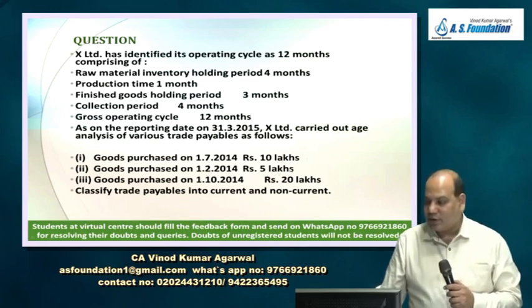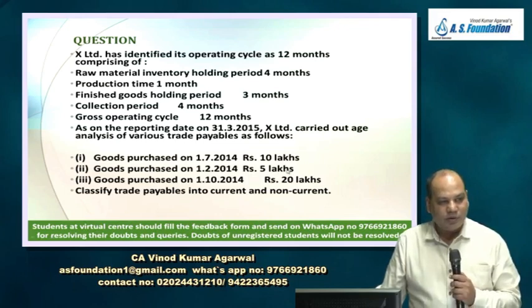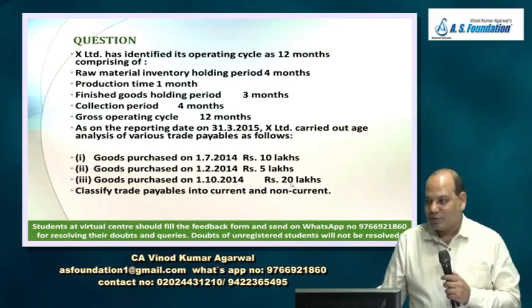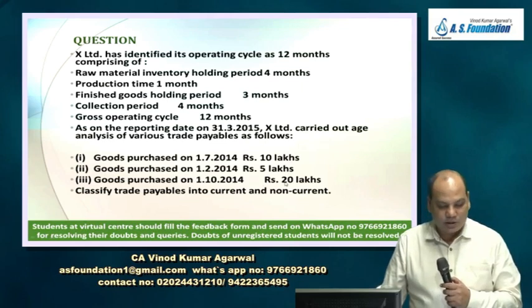It has exceeded the operating cycle period. And on 1/10/14 20 lakh, it is still within the operating cycle of 6 months. So first and third, no doubt, will be treated as current because they are still within the operating cycle period.